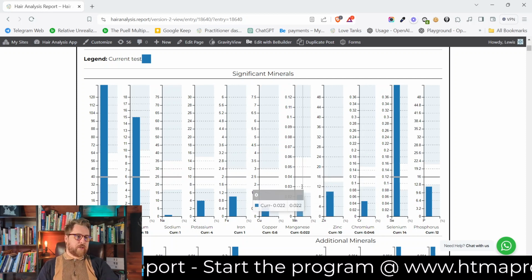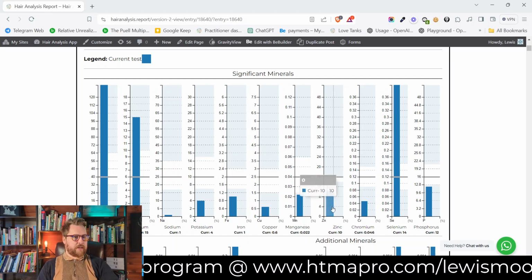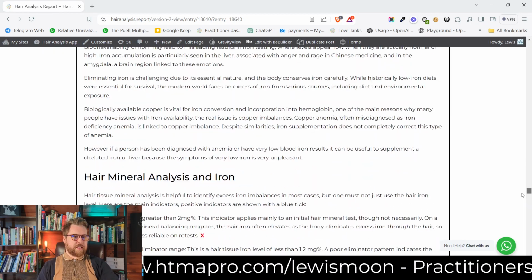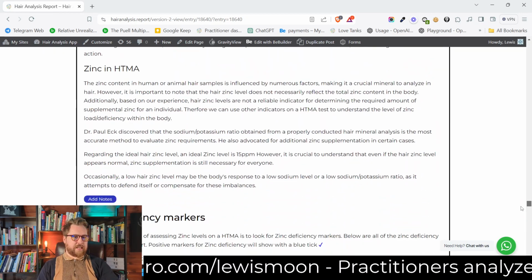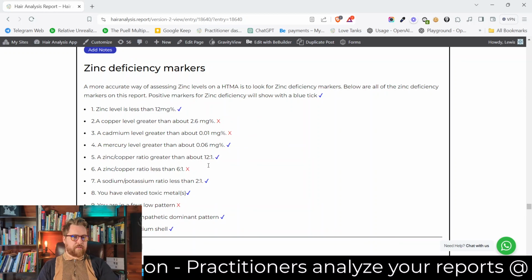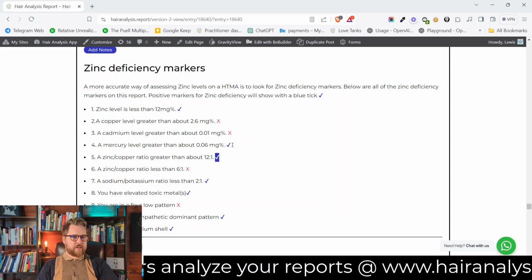So if you have generally got a low zinc on a hair test, you are definitely deficient, and we do have zinc deficiency indicators on the hair test. We've got quite a few here. All of these blue ticks are zinc deficiency indicators.